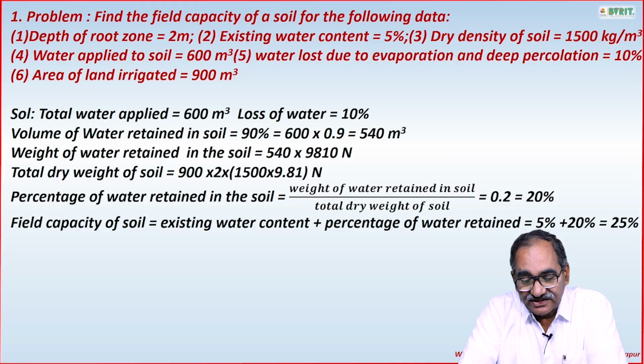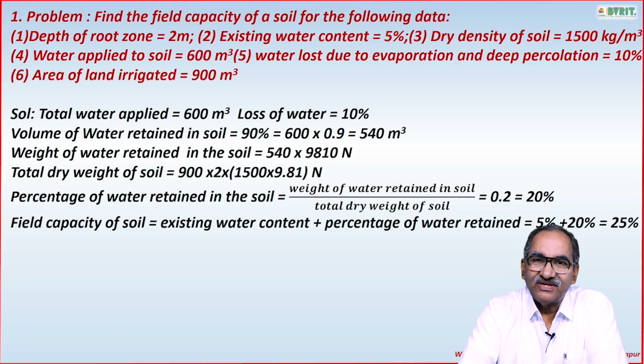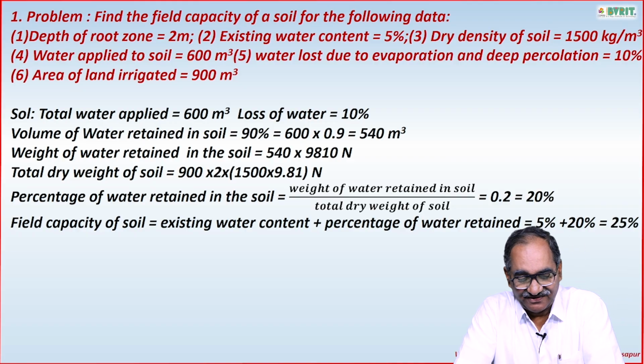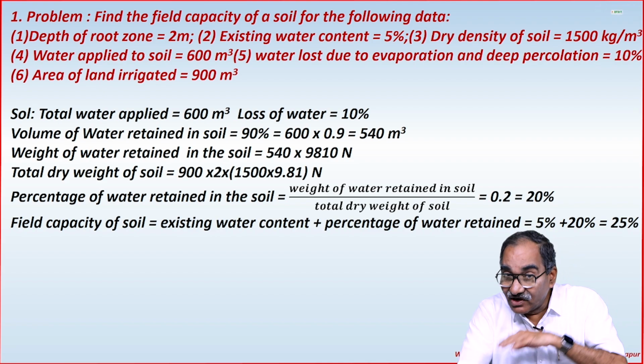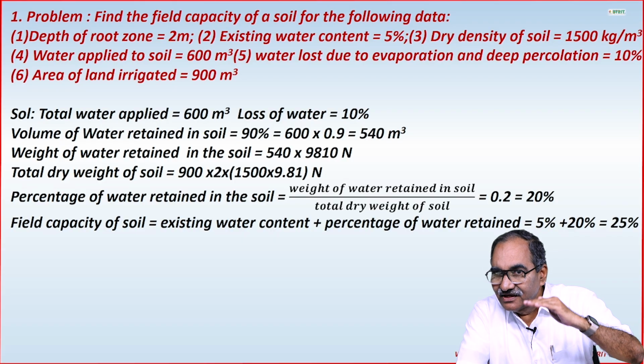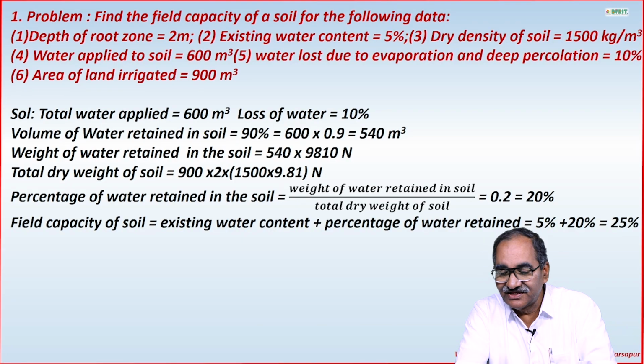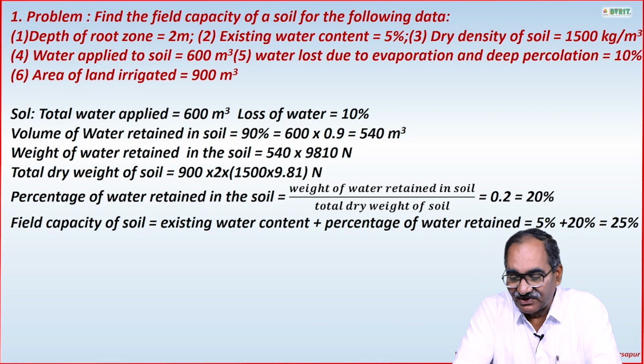Find the field capacity of a soil. So he wants the field capacity. What is the data that he has given? Depth of root zone he has already given. Existing water content in the soil: already some soil moisture is available in the soil, that is 5%.